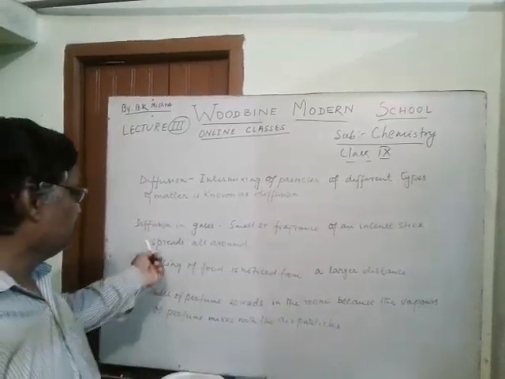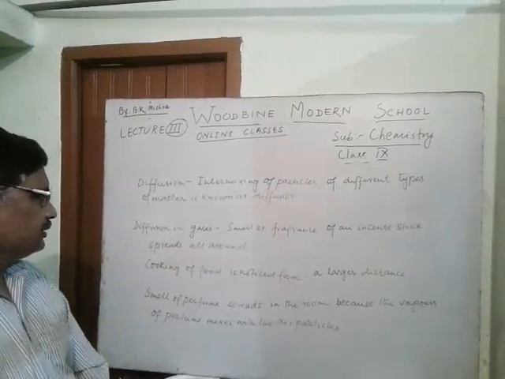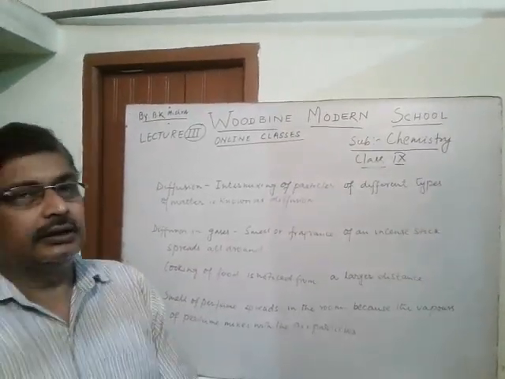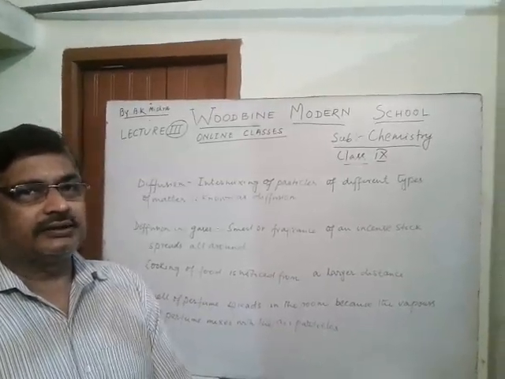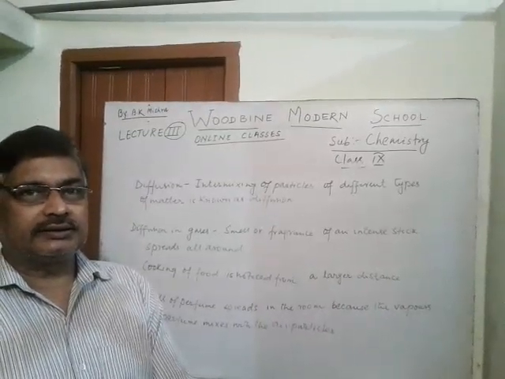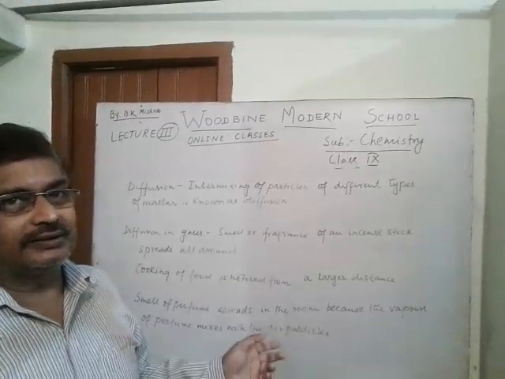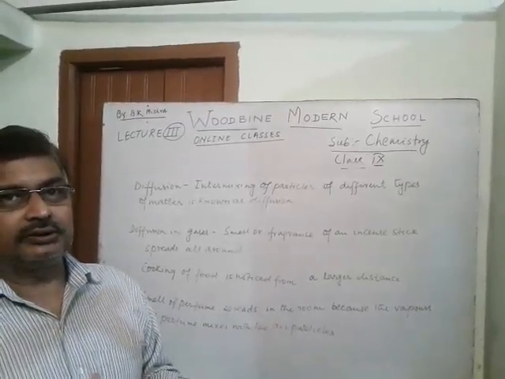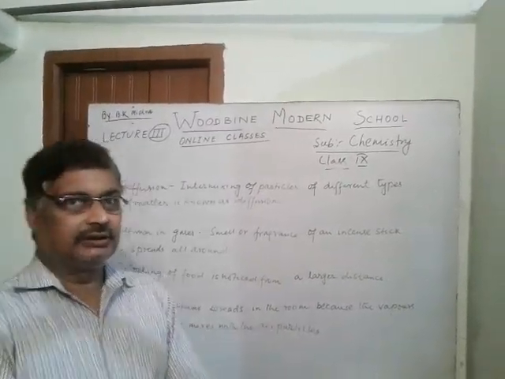Now, diffusion in gases. Here we have three examples. When we light an incense stick in some other part of the room, the smell or the fragrance reaches us even when we are sitting at a larger distance, because the particles of the fragrance mix with air and travel to our nostrils, so we are able to feel the smell.